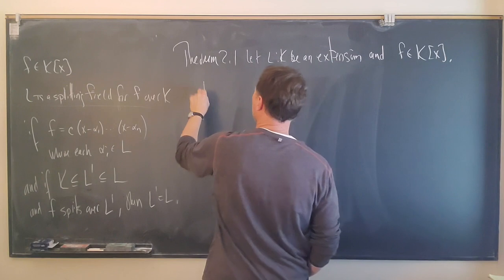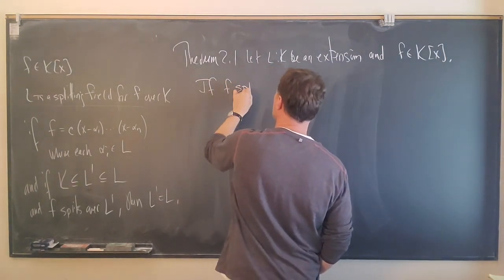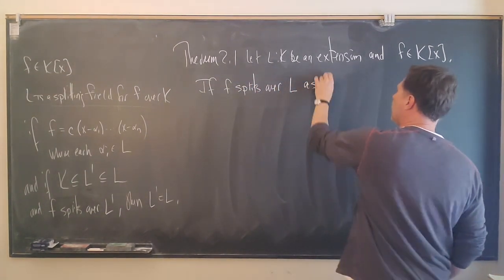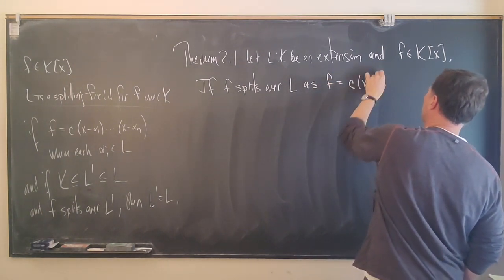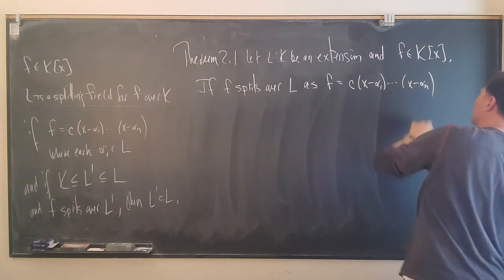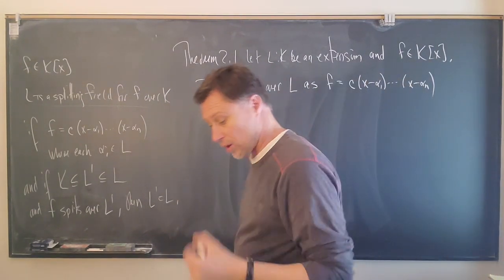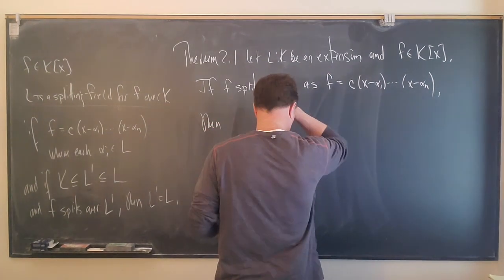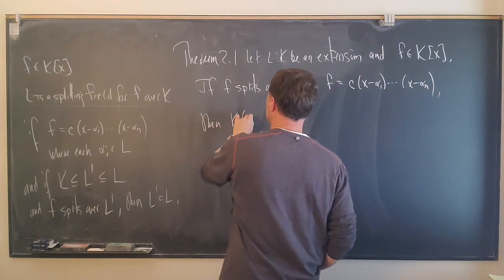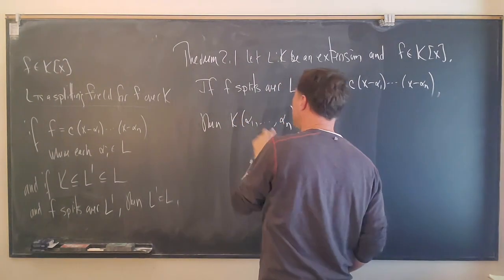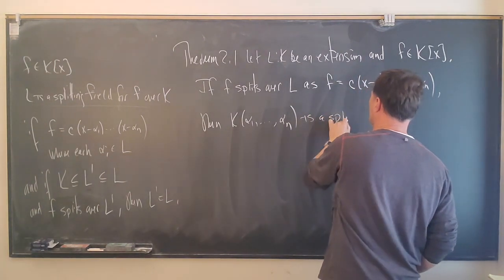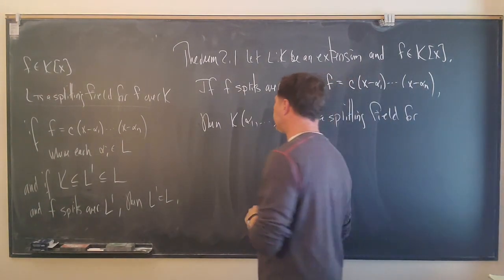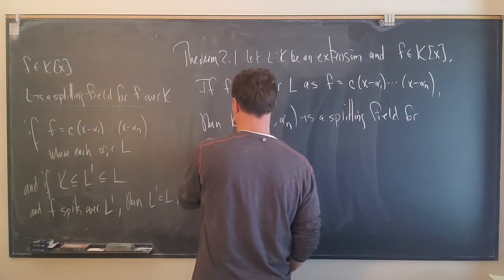If f splits over L as f equals c times x minus alpha 1 dot dot dot x minus alpha n, so that means all those alphas live in L, then K adjoin alpha 1 up through alpha n is a splitting field for f over k.